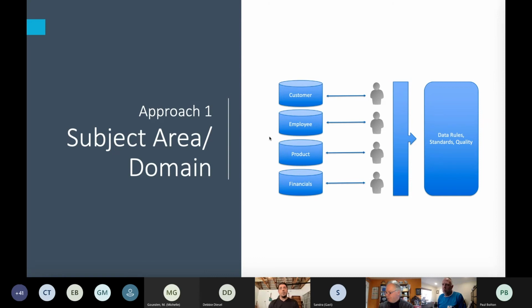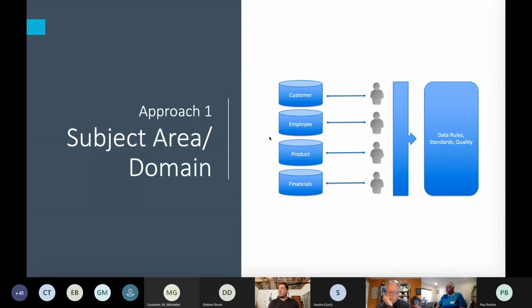So one is to build your project around establishing MDM for a certain domain, like customer or employee or product or financials. I would say, happy to get disagreement here, but I think this one probably requires the most maturity in your organization.